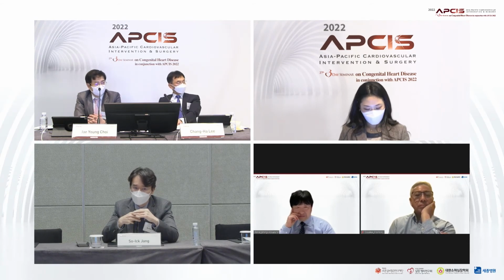Actually, I want the bilateral stent, because the patient is very young and the valve function is not so bad. So if possible, we have to wait for the PVR. In the meantime we have to reduce RV pressure, so I recommend pulmonary stenting.